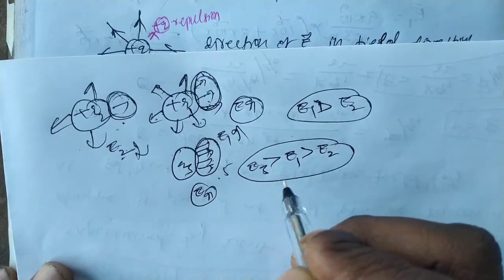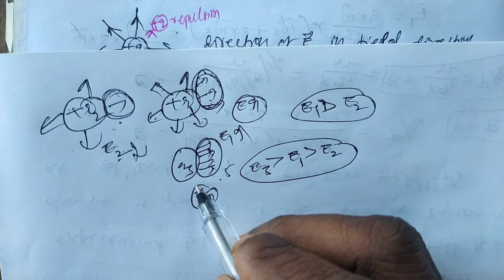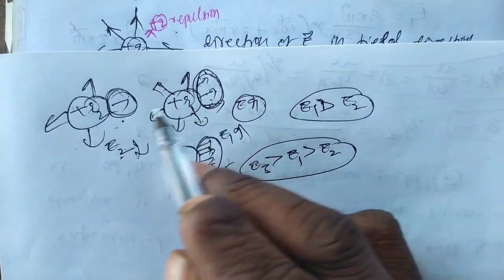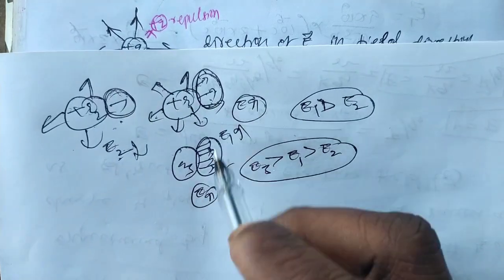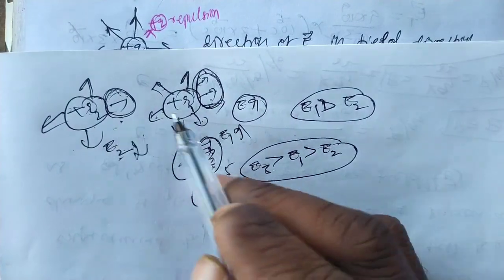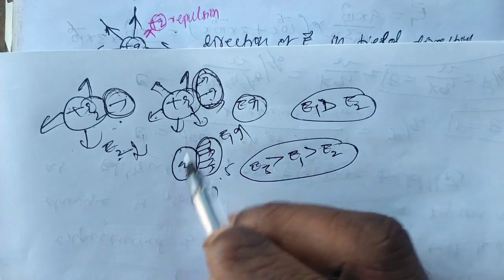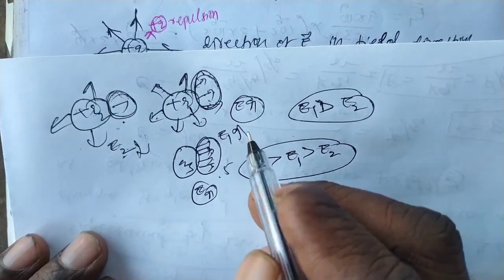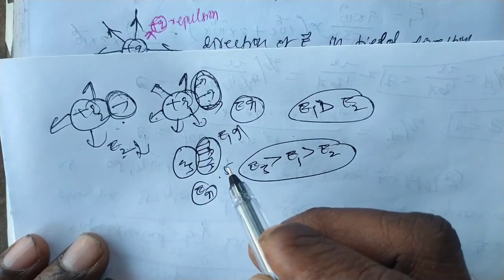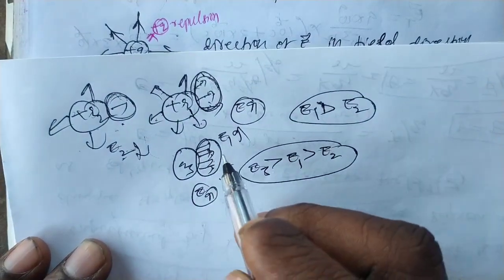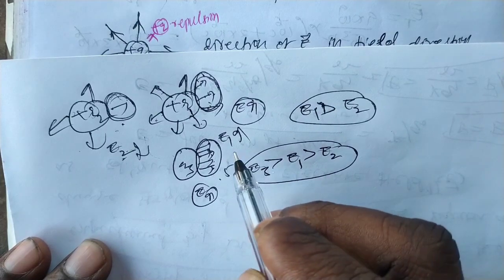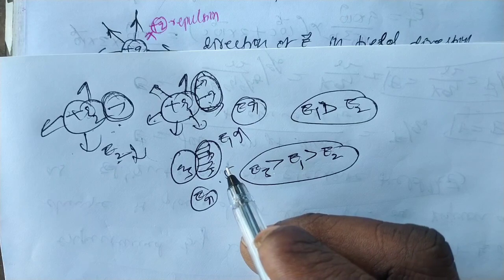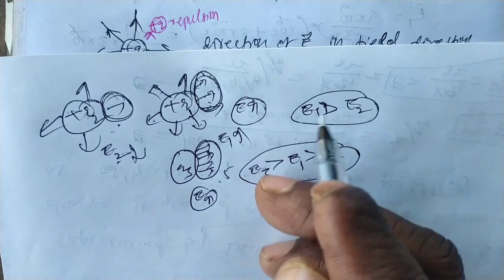Both are in the same area, but the charges are different, so they produce different numbers of lines. The electric field lines differ per unit area. That unit area density is nothing but the number of lines of forces, or electric field lines, which gives the strength of the electric field.